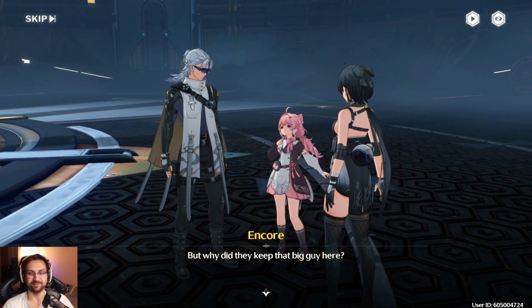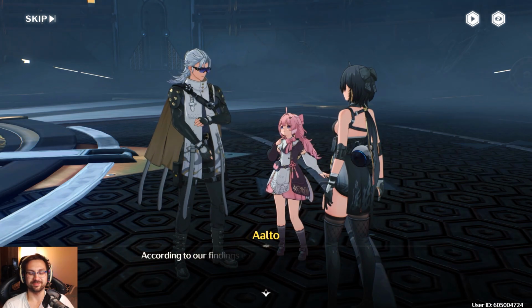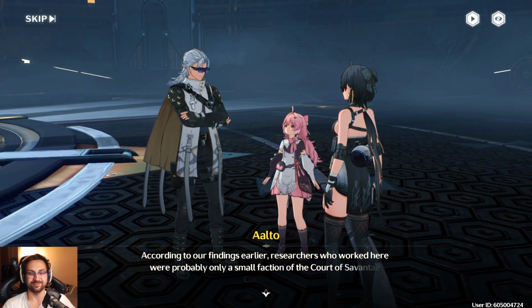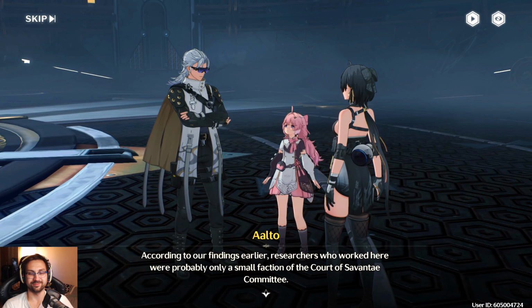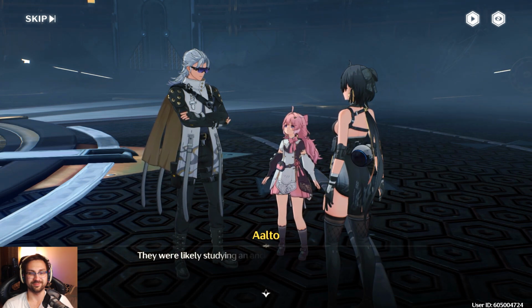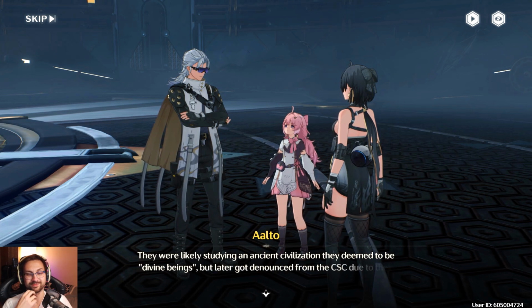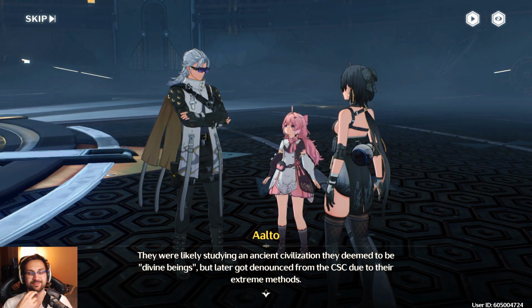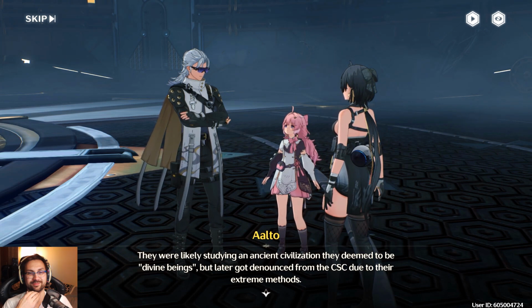But why did they keep that big guy here? According to our findings earlier, researchers who worked here were probably only a small faction of the Corte Savante Committee. They were likely studying an ancient civilization they deemed to be divine beings, but later got denounced from the CSC due to their extreme methods.